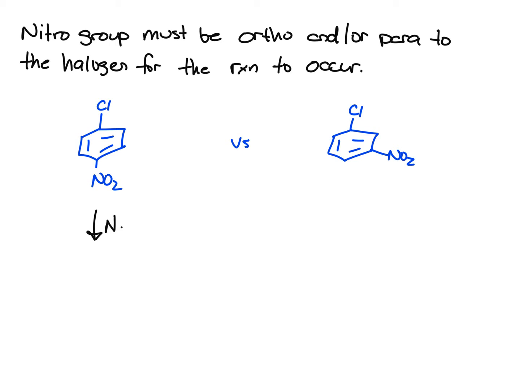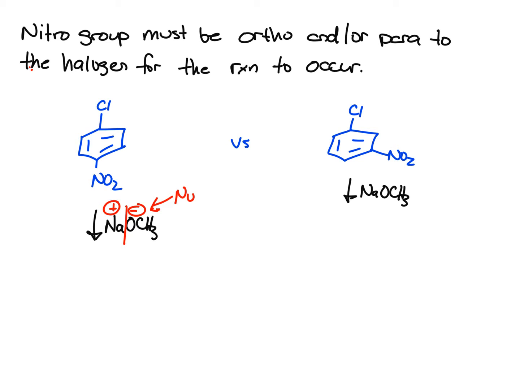Now let's say we use sodium methoxide as our nucleophile. If you see where we have a metal bonded to a non-metal, just think about Na plus, OCH3 minus. This is in fact a nucleophile.